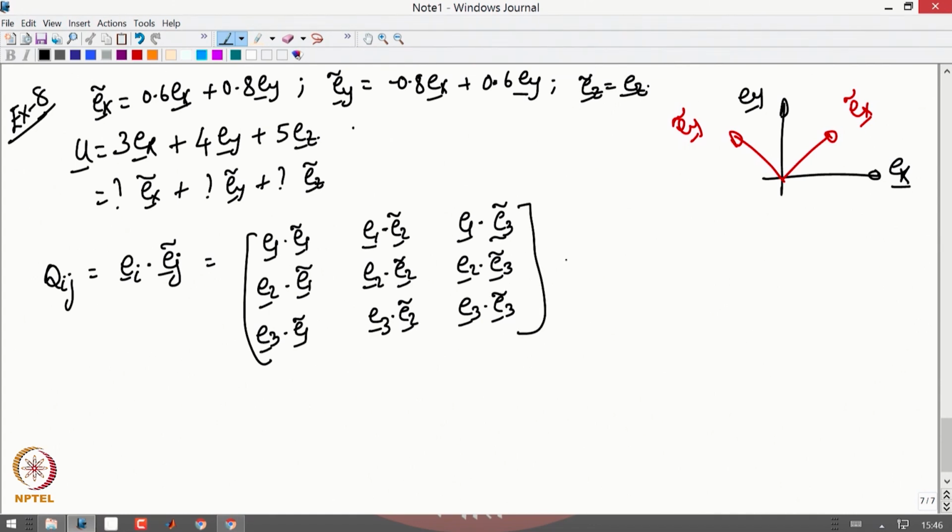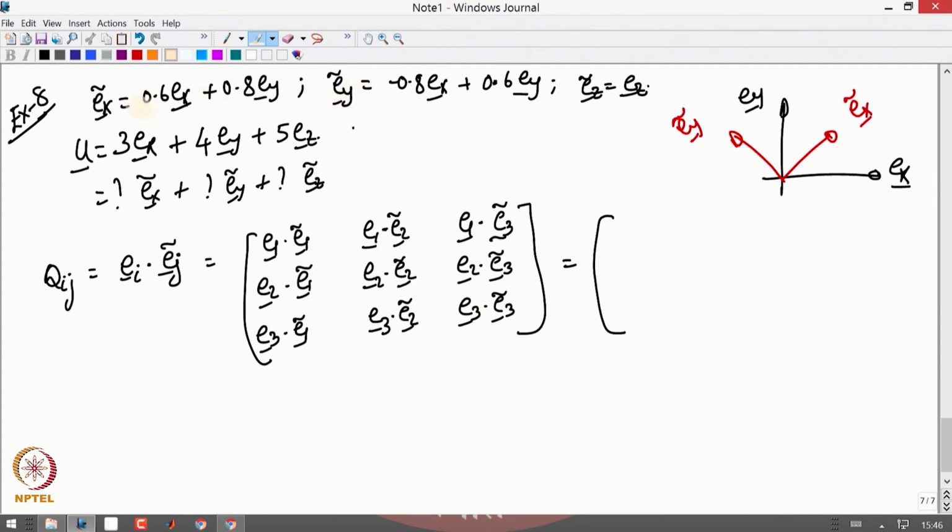Okay. I know that E x star is E 1, E y star is E 2, I can substitute for x and y 1 and 2.